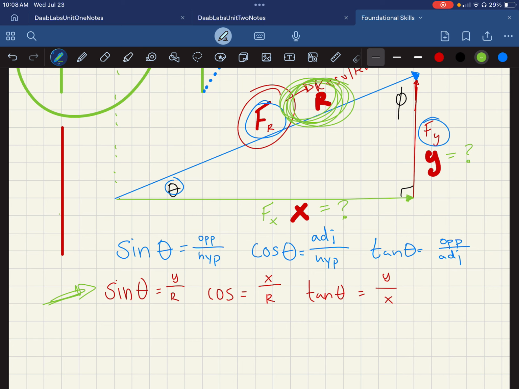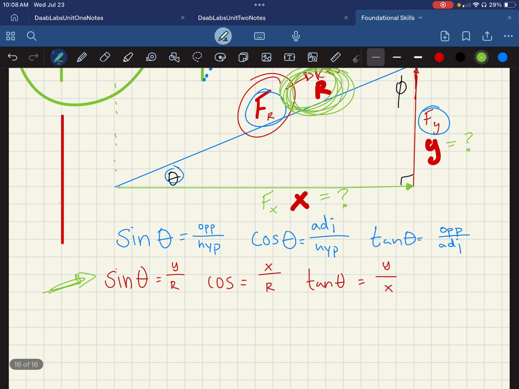And so you'll see in physics, we adopt this trick, which is a little easier when it comes to solving for these unknowns, by rearranging the equation so that the hypotenuse is not in the denominator for sine or cosine. What I mean by that is sine, this one becomes r sine theta equals y.